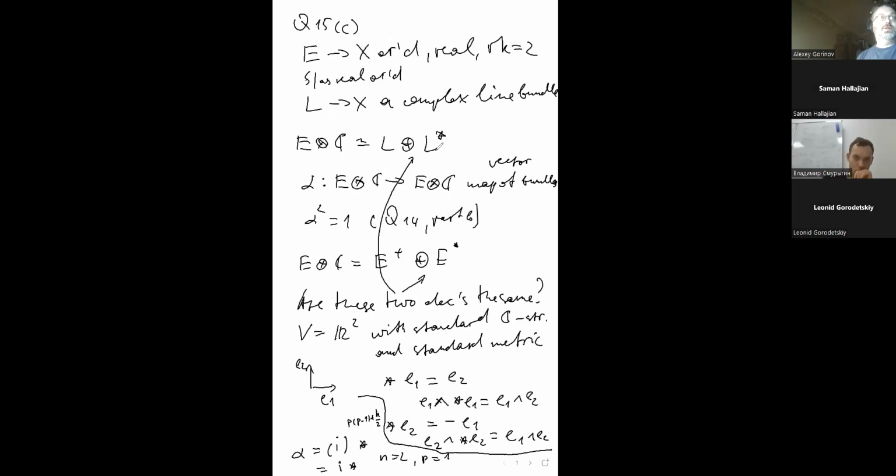But let's not get ahead of ourselves. Does everyone agree that we indeed have this decomposition, where L upper star corresponds to E plus and L corresponds to E minus?